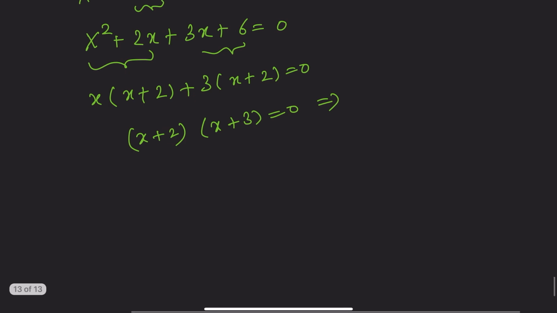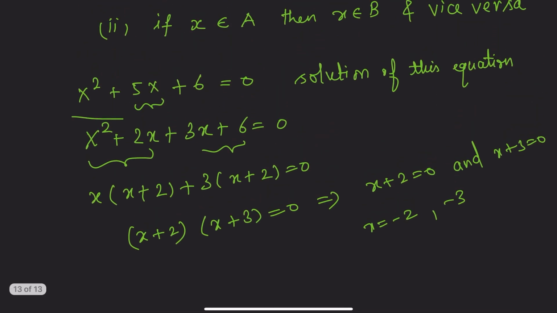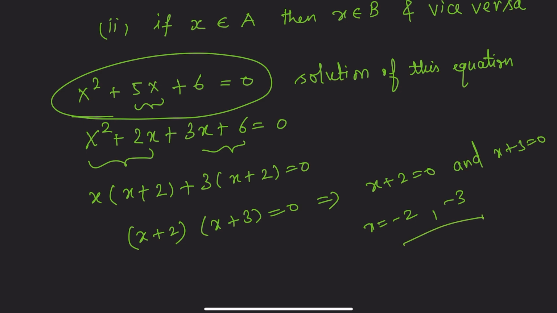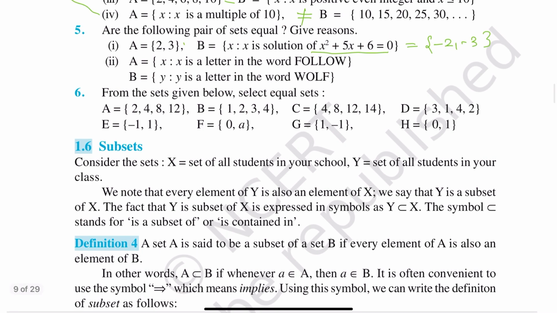This implies either x plus 2 equal to 0 or x plus 3 equal to 0. So there are two solutions possible. So x is minus 2 and minus 3. So the set of solution of this equation is minus 2 and minus 3. बट यहाँ पर A क्या है 2 and 3, यहाँ पे minus 2 और minus 3 है, 2 not equal to minus 2. So this set is not equal.